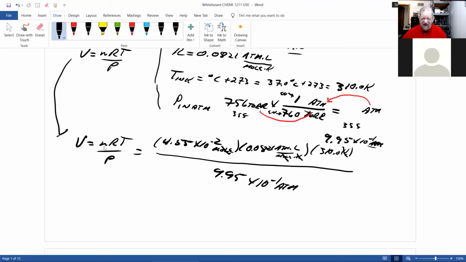We're left on top with atmospheres, liters, divided by atmospheres. So this cancels out, and we're left with liters. So that's volume. We're on the right track. And now I'm going to put those numbers in my calculator.